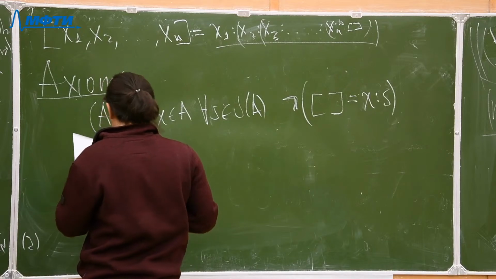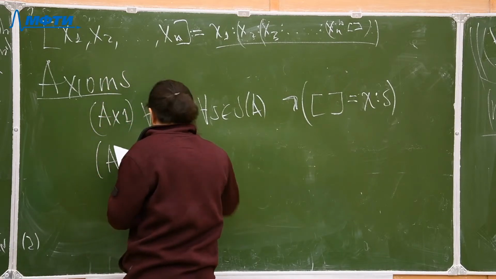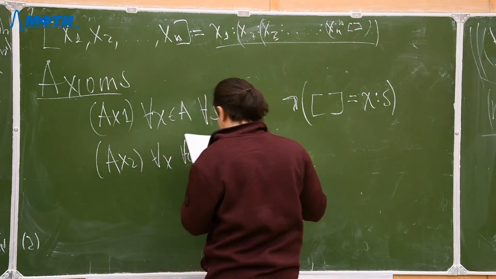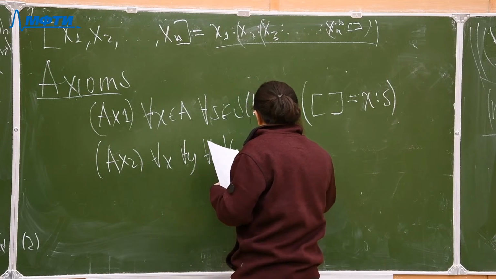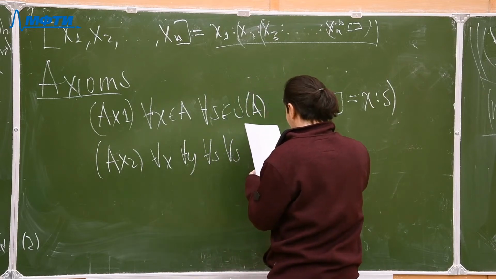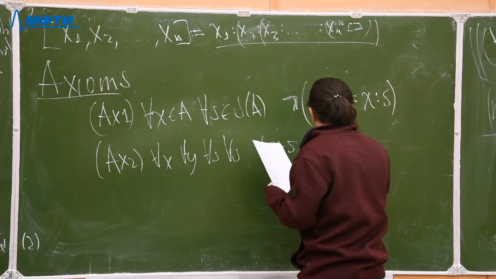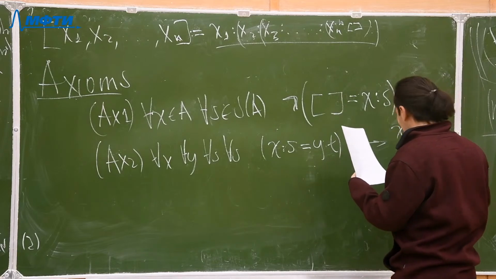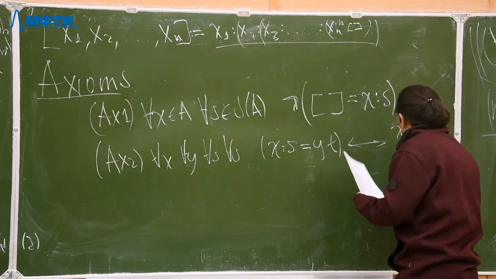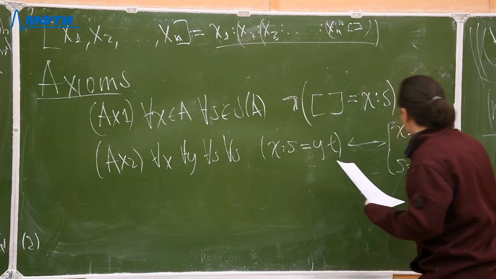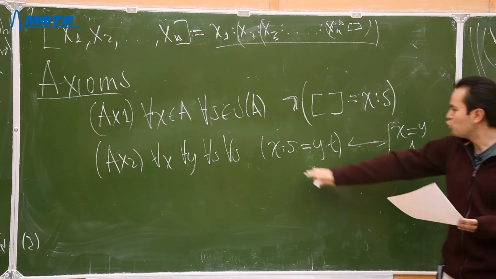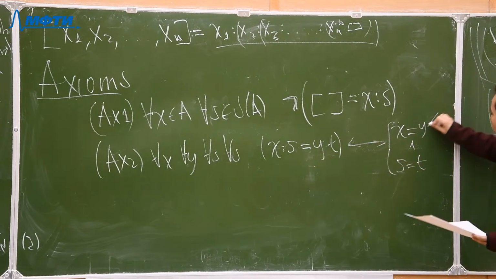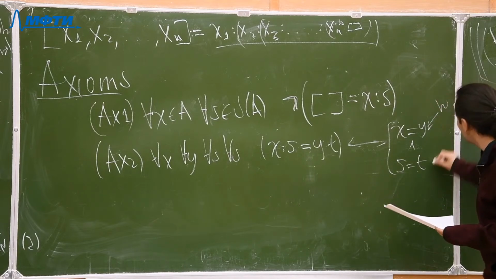The second one is that for all x, for all y, and for all S, for all T, x:S will be equal to y:T if and only if x is equal to y and S is equal to T. This is called the head, and this is the tail.